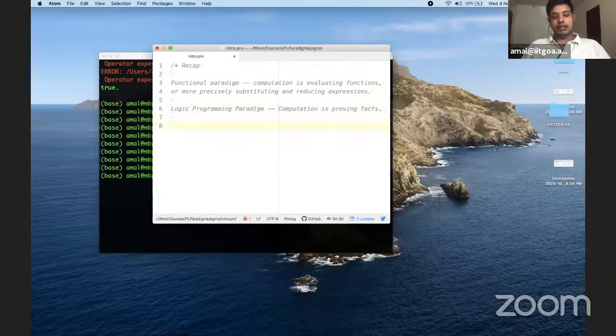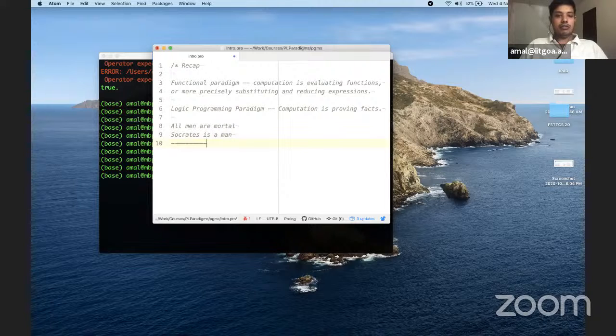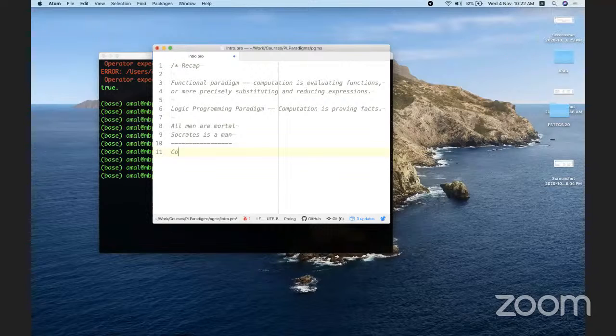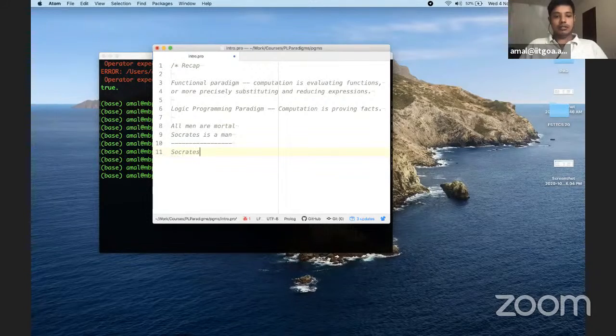What do I mean by that? If I say all men are mortal and Socrates is a man, you might have seen this before, then what can you conclude? Socrates is mortal.